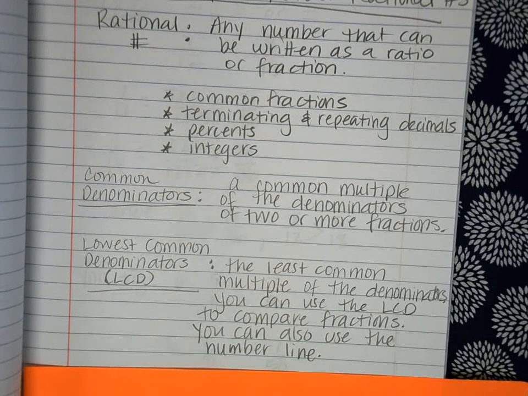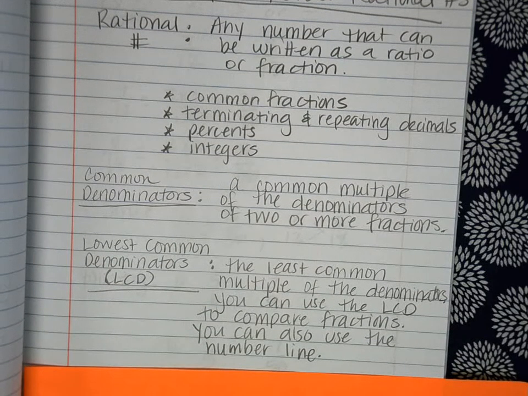Okay, so these two review. If you need to write down any words there, go ahead. I'm not going to test you on defining it, but you do need to know what they are. So if it says in your homework or on the test, find the LCD, you need to know what that means, right? But I'm not going to ask you to write out the definition.